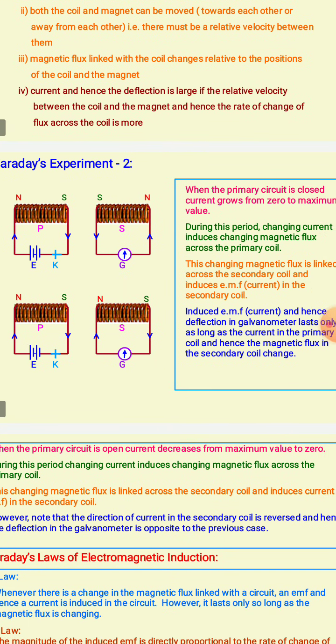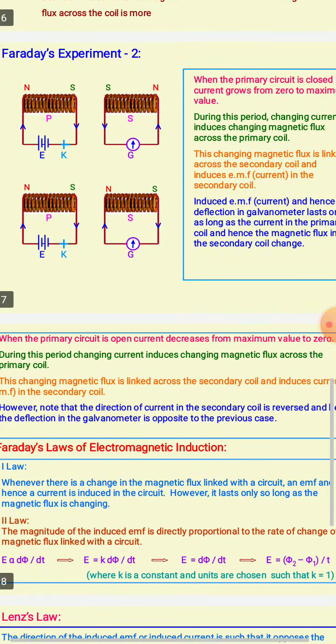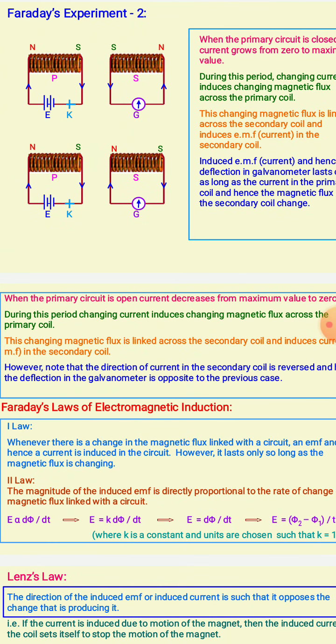Experiment number 2. When the primary circuit is closed, the current grows from 0 to the maximum value. During this time, in the first circuit, when the current grows, the magnetic field around it also grows, due to which the magnetic flux linked with the second coil changes, and hence a current is induced in the secondary coil.